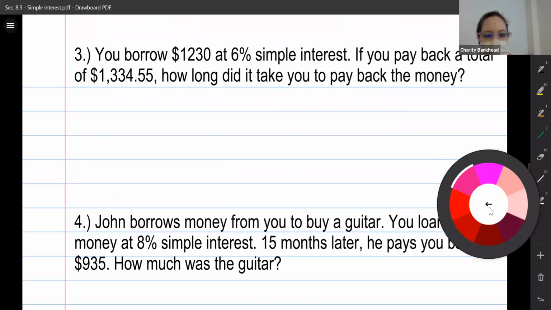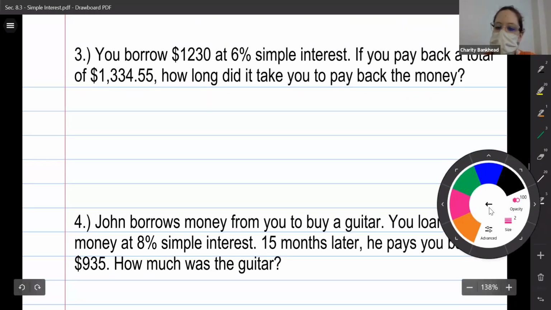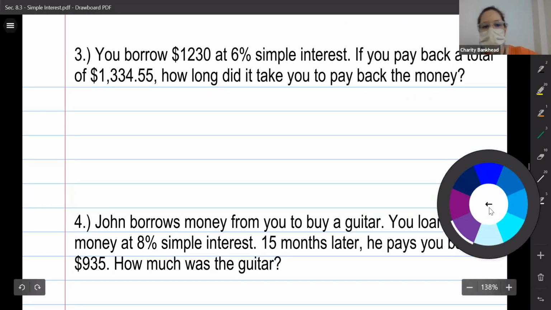Okay, number 3 says you borrow $1,230 at 6% simple interest. If you pay back a total of $1,334.55, how long did it take you to pay back the money? Okay, so 1230 is what variable?